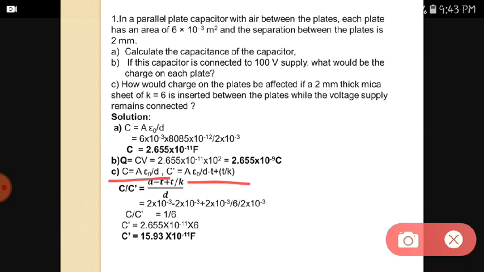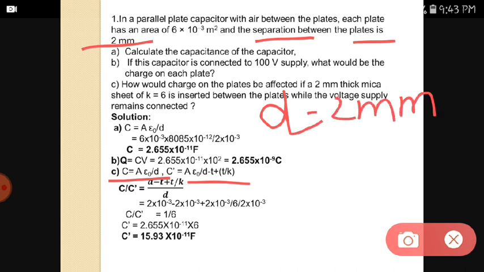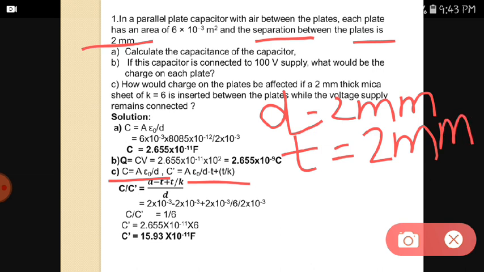D is nothing but the distance or separation between the plates. It is given as 2 mm. The thickness of the mica sheet, that means T, is also given as 2 mm. K is given as 6. So we have all the values over here.